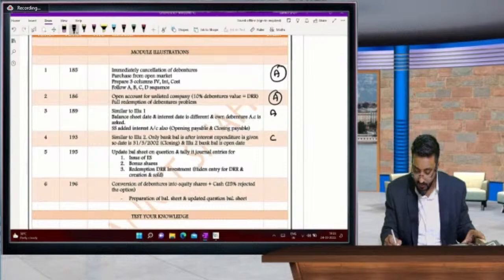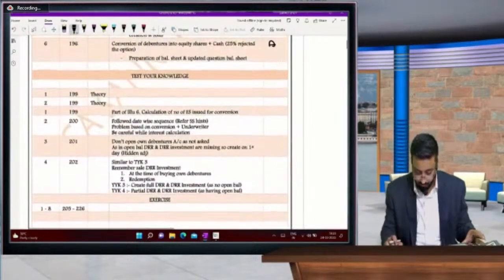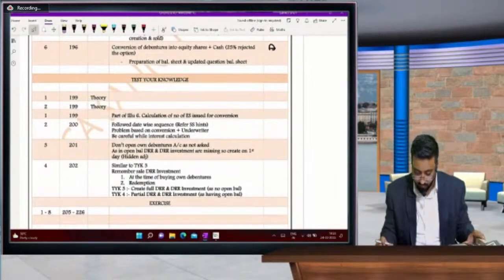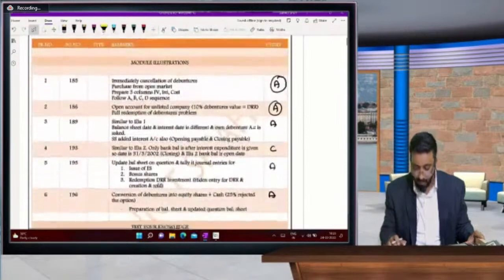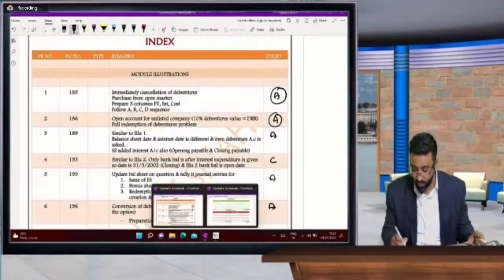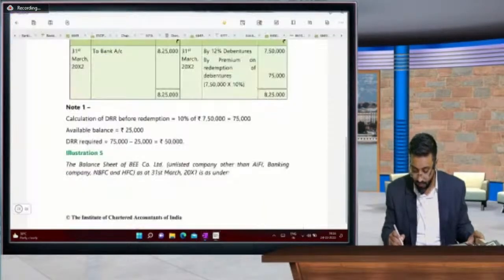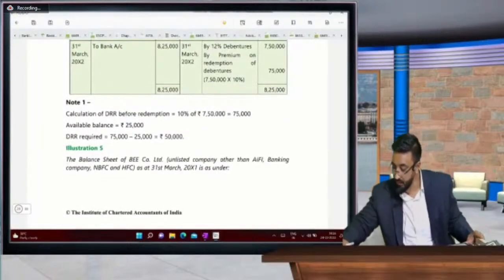This is C category. 5 number, A category, and 6 number, A category. Okay. So 5 number and 6 number we are going to solve. Chalo. Let's start with 5 number.